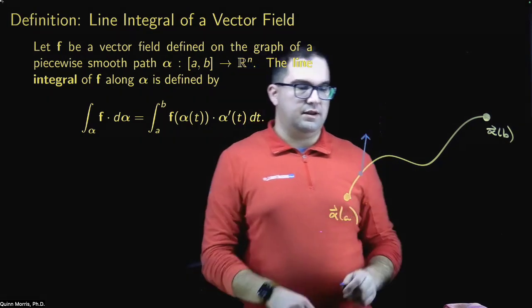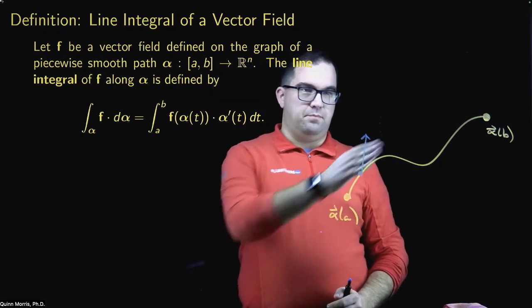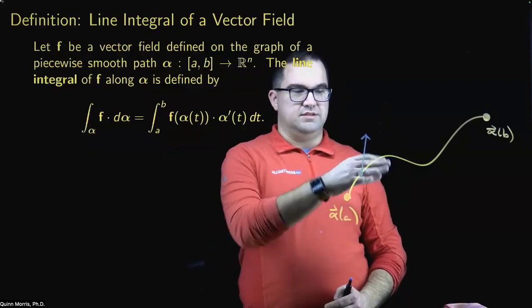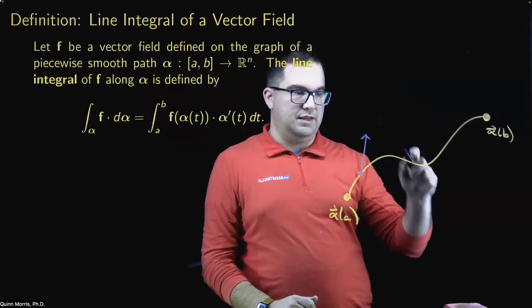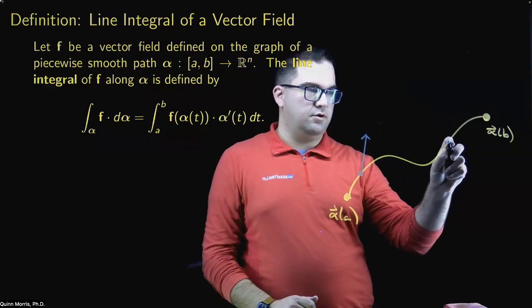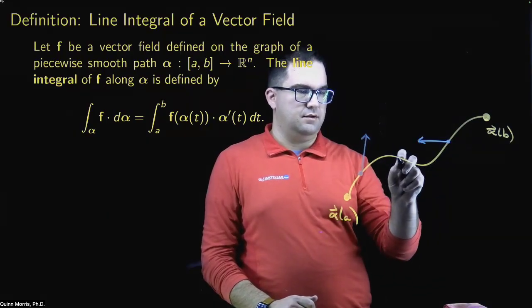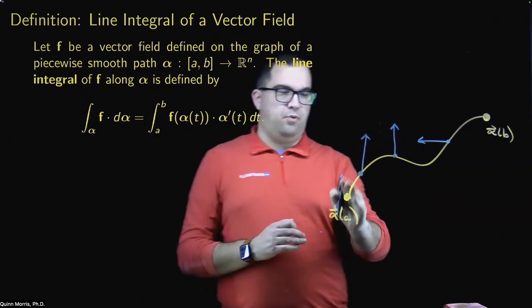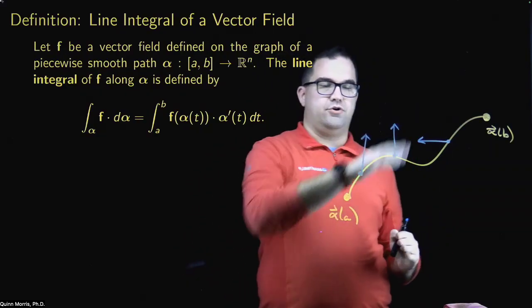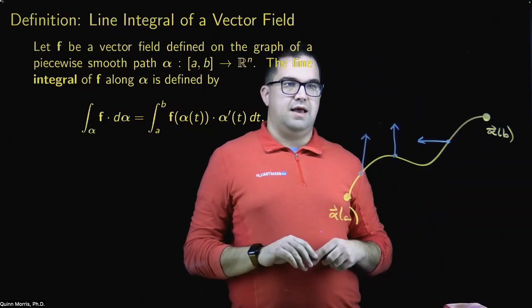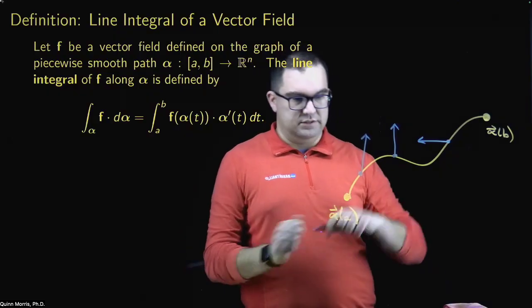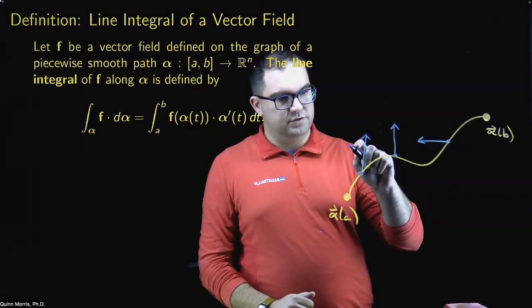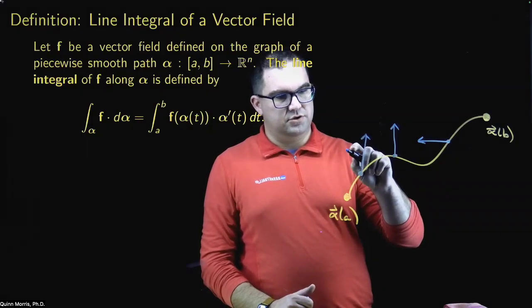There's a vector. These vectors don't have to point in the direction that alpha is moving. They could point any which way. Over here, maybe it points back this way. Here it might point like this. But at each point along here, there is some vector f of alpha of t, and we'll use this one for illustrative purposes.